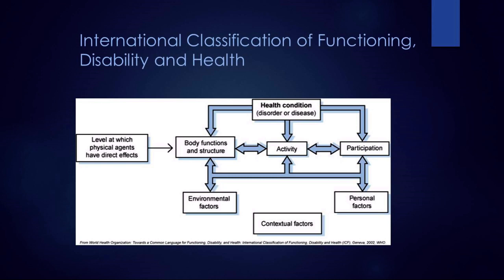Environmental factors, contextual factors, personal factors, participation, health condition, their disorder or their disease, all of these things are interrelated and affecting. So if we can affect that spectrum at any level, we can help improve somebody's activity.